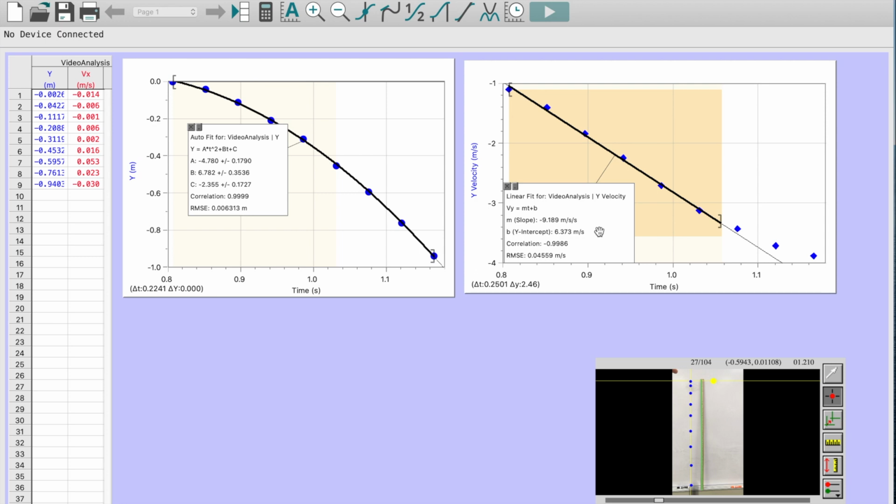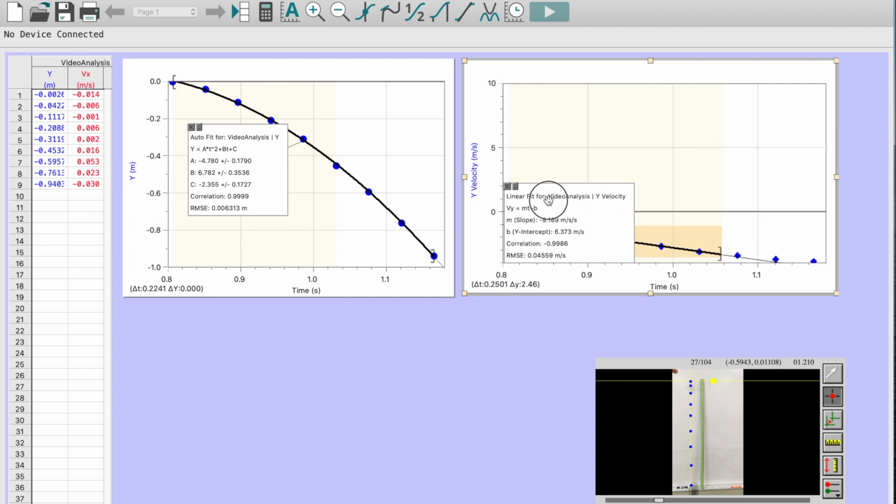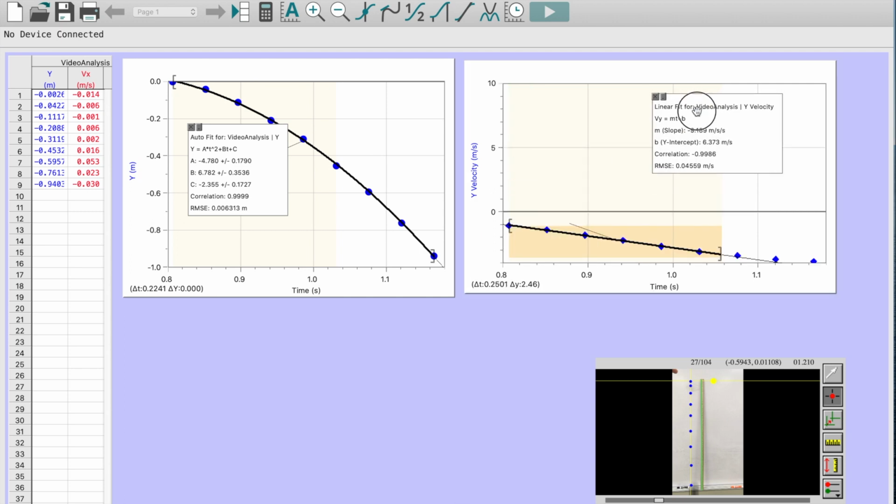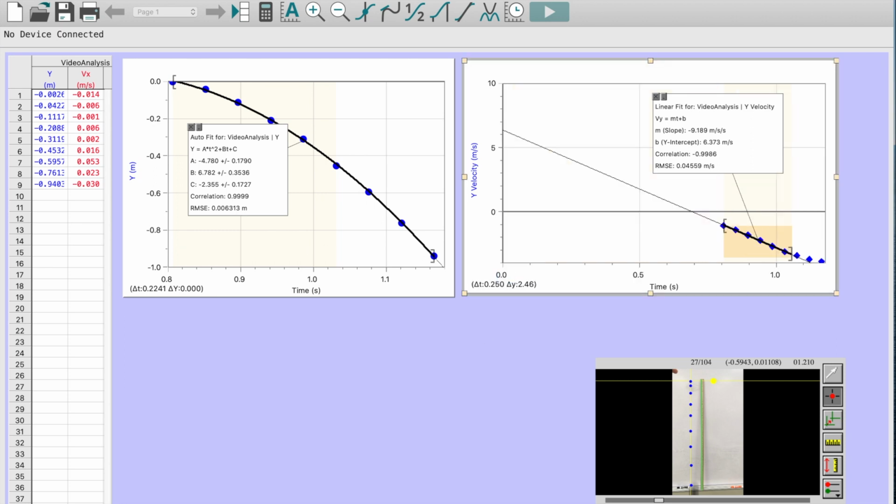So what the heck does that mean? If I came up here and clicked on this and made this 0, if I started at 0 seconds, you can see that Logger Pro wants to take me all the way back to some mythical place before the video began and say that I started off in some mythical land with a speed of 6.